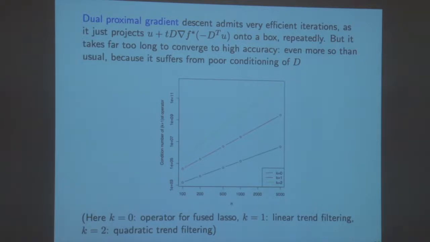So remember, the convergence of proximal gradient is, say, sublinear. It has a rate like 1 over k, or 1 over k squared if we accelerate it. But those convergence rates are affected by the condition number of the Hessian of the smooth part. So what's the smooth part here? It's the conjugate.